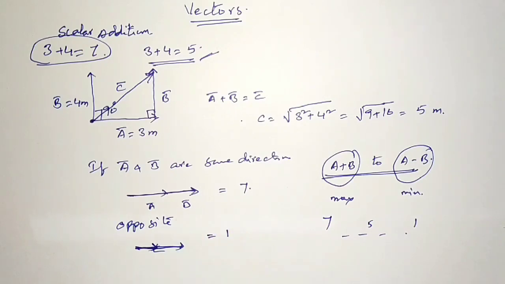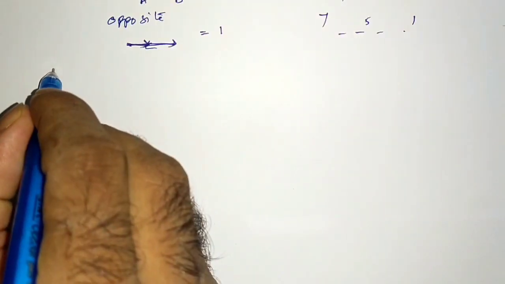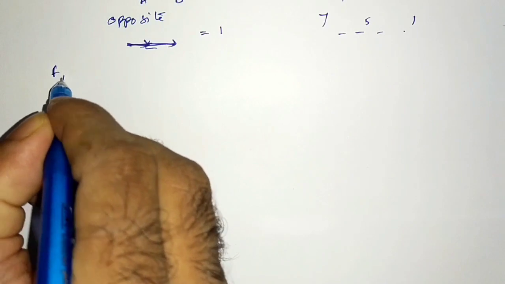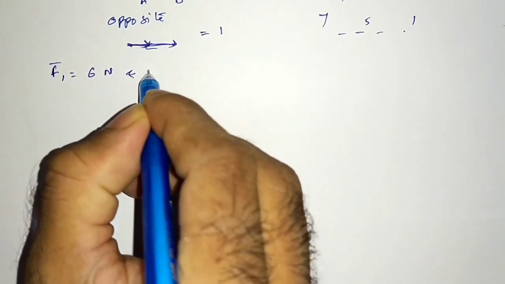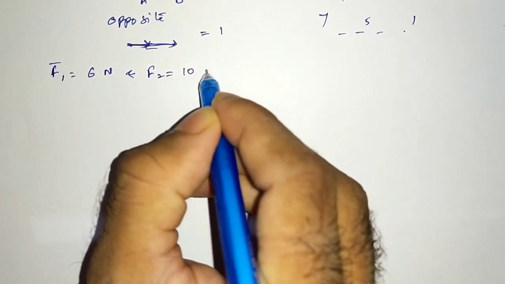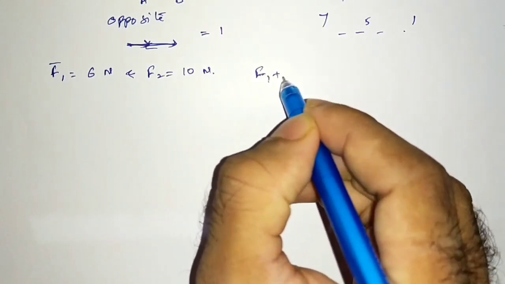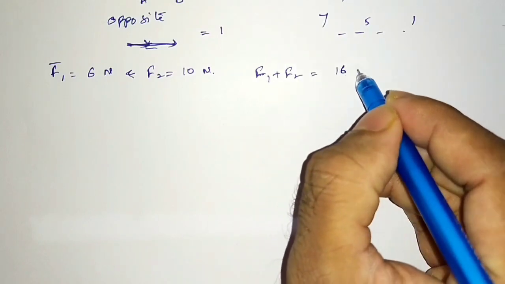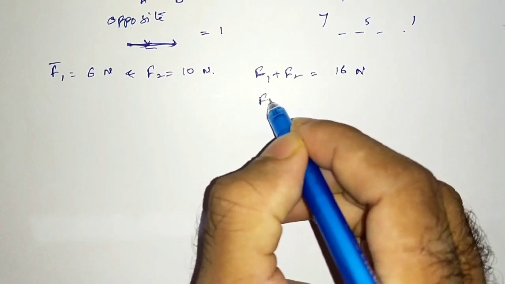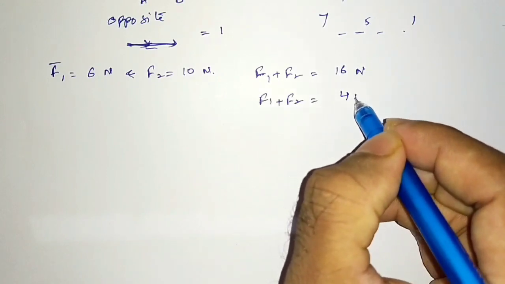Understood? Right. See, for example, let me take two forces, F1 is 6 Newton and F2 is 10 Newton. What is the maximum value of F1 plus F2? Maximum value, yeah, it can be 16 Newton. What is the minimum value of F1 plus F2? Yes, it can be 4 Newton.